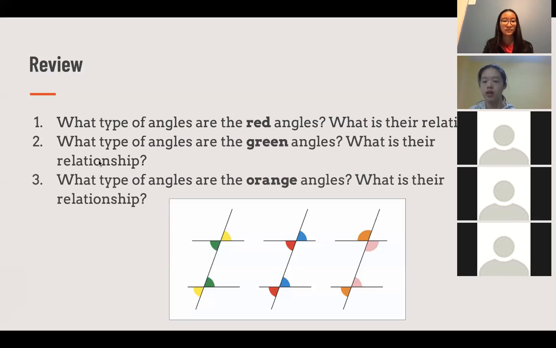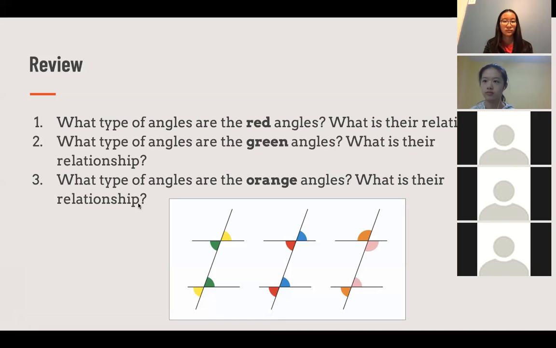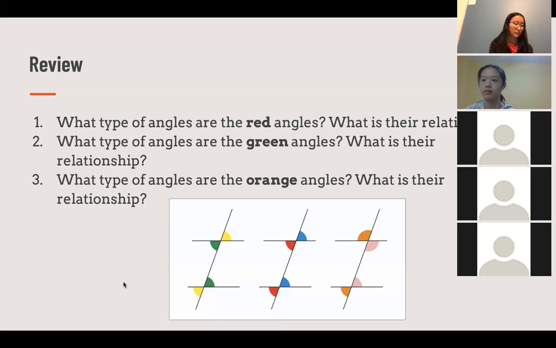And finally, what type of angles are the orange angles and what's their relationship? And if you can't remember the name, just put the relationship.